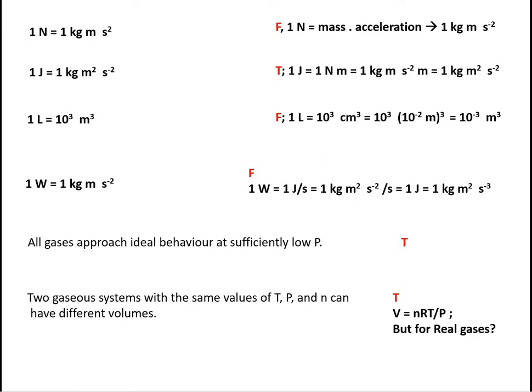But here the question says for all gases, not ideal. So for real gases, the V may not be the same, because for example, in a Van der Waals gas, the constants a and b depend on the nature of the gas, thus the volume would be different. I think I've made my point. So let us go to the next slide.